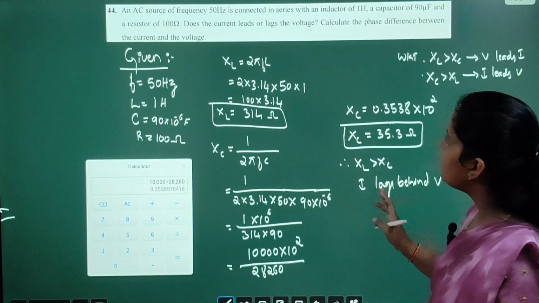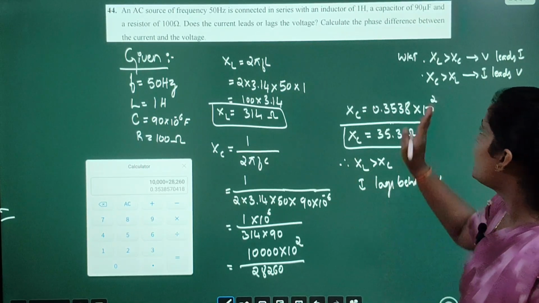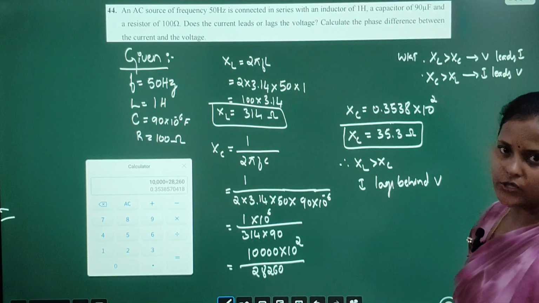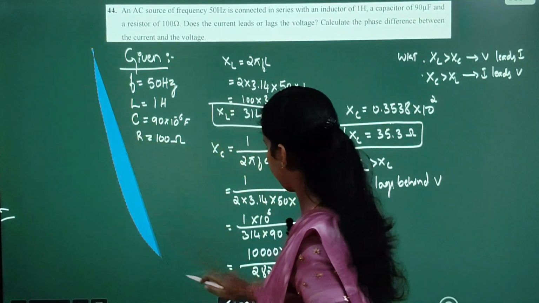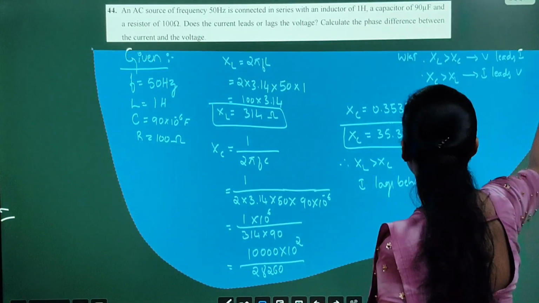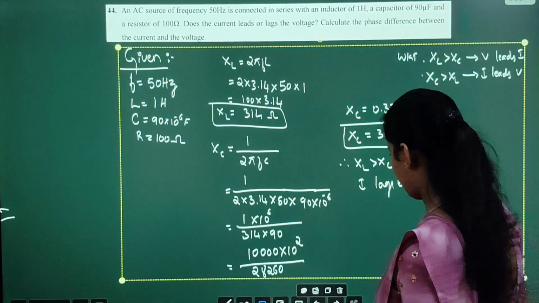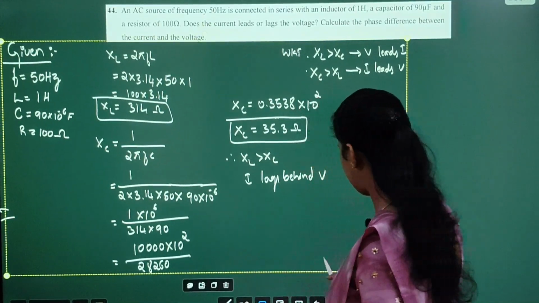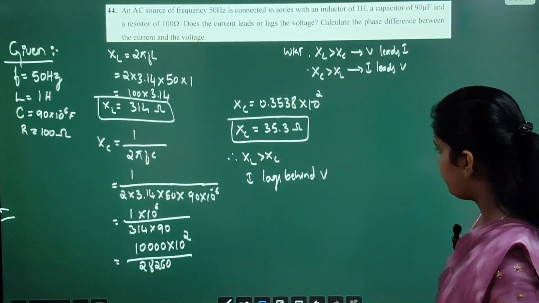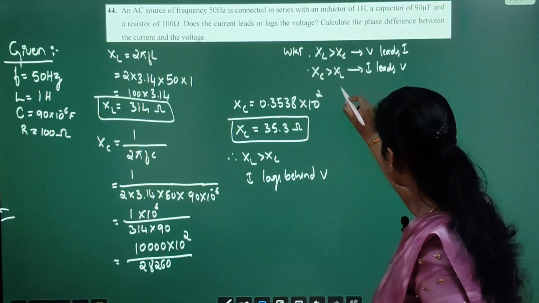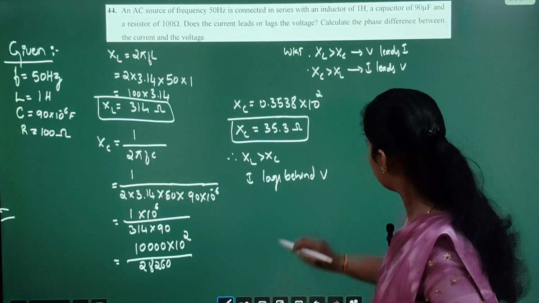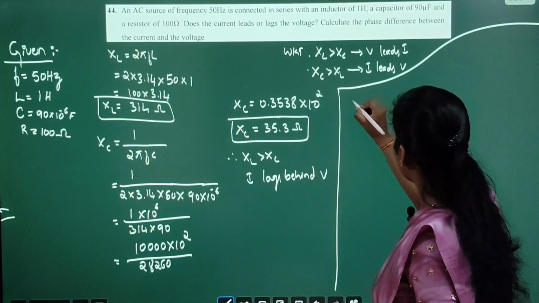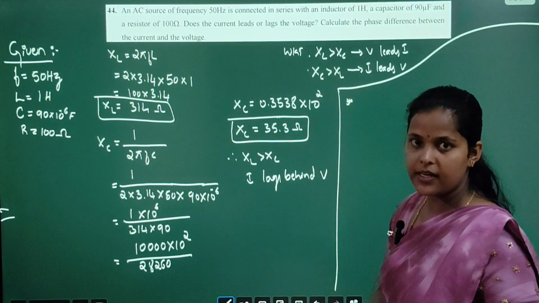Okay, here the next one we have to find out. Let's calculate the phase difference between the current and the voltage they are asking. Let's start with the phasor diagram.